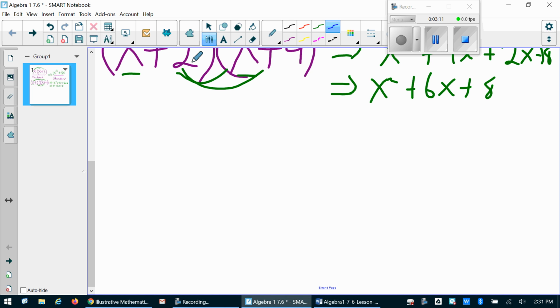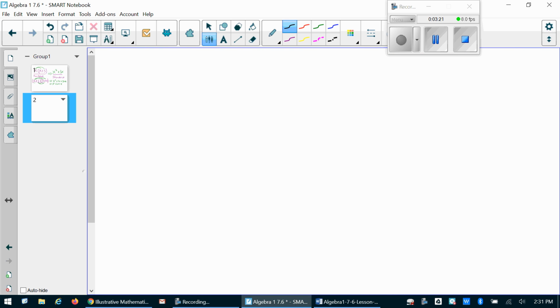What I want to look at mostly is the right side column, the standard form column. I want you to look at the first expression in there.